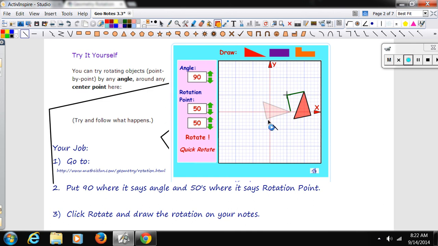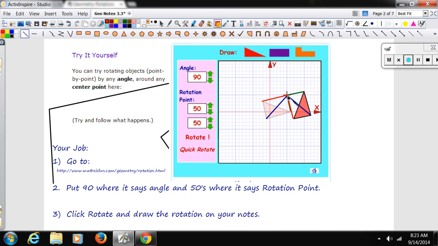I could take this back bottom point here, go through my rotation point, and go back to this point, and it makes the same 90-degree angle. And I could take that last point right here and go to this point right here, and it makes that same 90-degree angle again. So all of those make 90-degree angles with the center point.